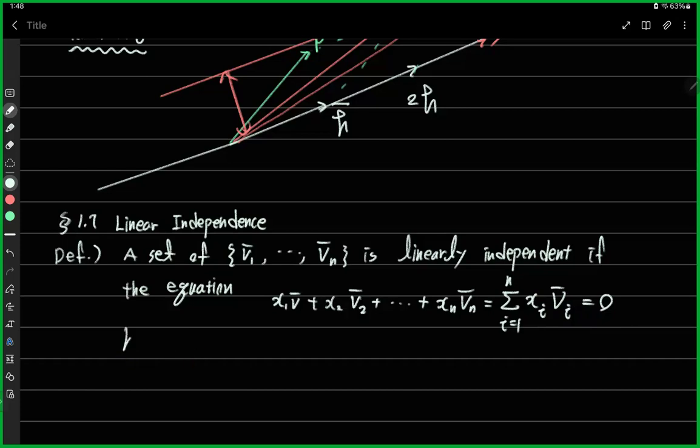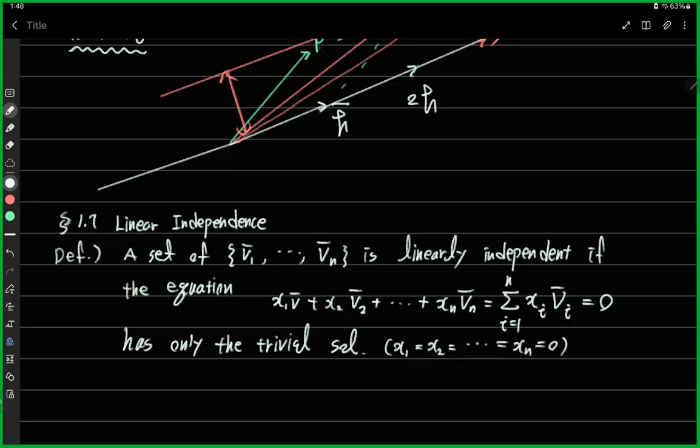So it means that what? It means that x1, x2 through xn equal 0.